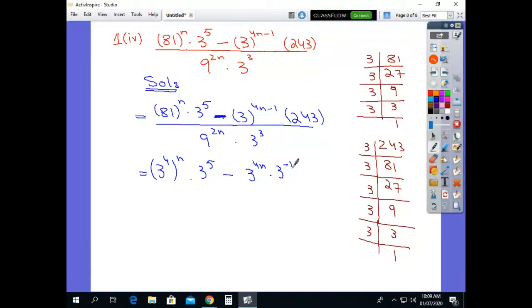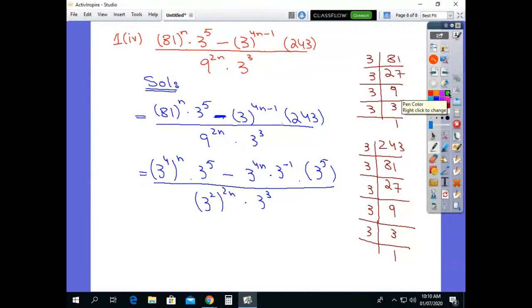As the powers are added, we write it with the same base: 3 raised to power 4n and 3 raised to power minus 1. And 243 we write as 3 raised to power 5. 9 is 3 squared, to the power 2n, and 3 raised to power 3.